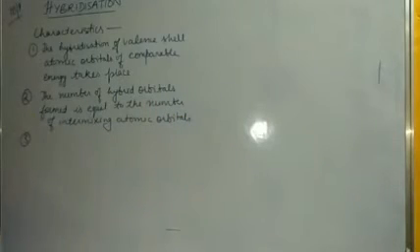Third, student, is that the intermixing of atomic orbitals will take place only during the bond formation. That means the individual atom will not undergo hybridization unless it is about to form a bond, right, student? So hybridization does not take place in isolated atoms, but it occurs only at the time of bond formation.